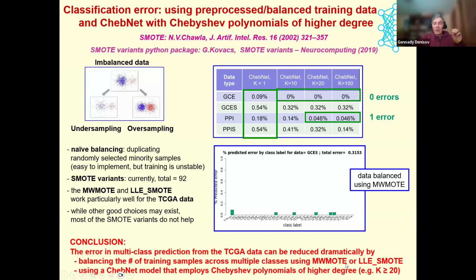I mention specifically two SMOTE variants that worked well for me for this data, and further reduction in the error can be obtained by using ChebNet with a Chebyshev polynomial of higher degree, for example, 20 or higher. Any questions?